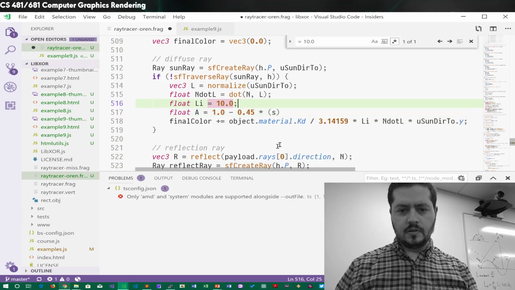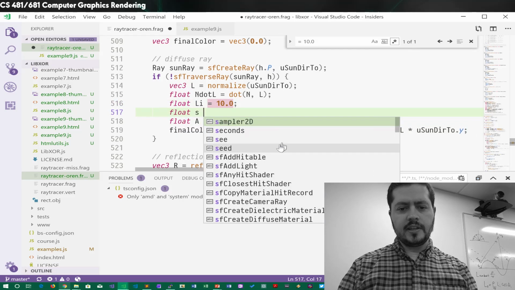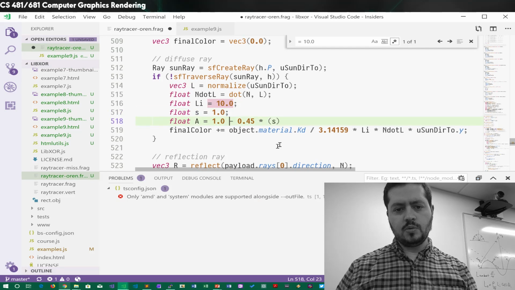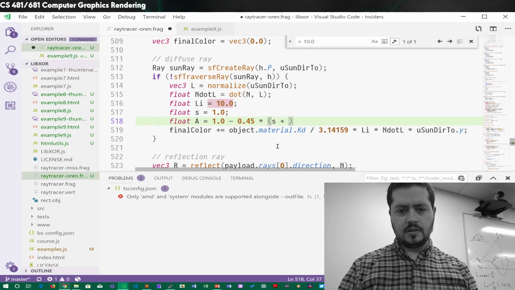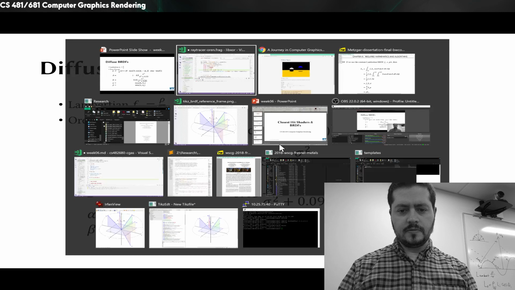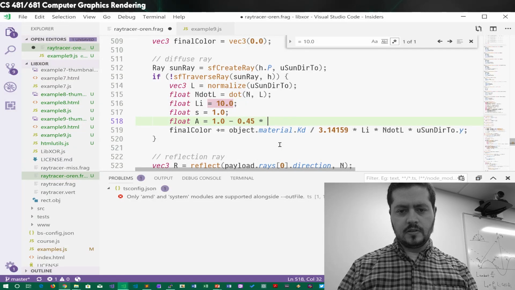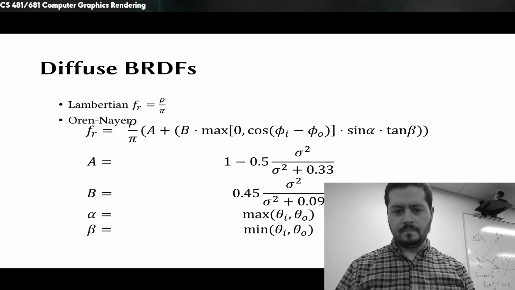We're just going to say that this S equals the s squared value. So that's s over s plus 0.33.